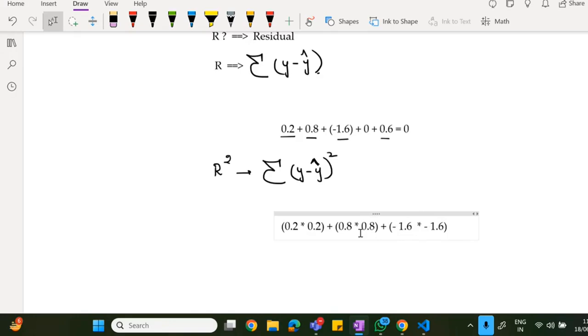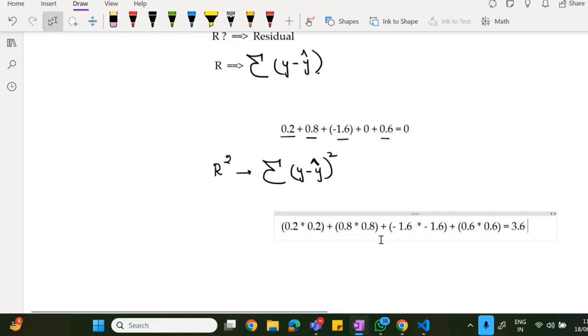Okay, plus the next one, 0 into 0 is 0, plus 0.6 into 0.6. Now I got 3.6. Now we remove the sign. Definitely we remove the sign. This we got as 0.4 and 0.16 and 0, this is 3.2 kind of stuff.